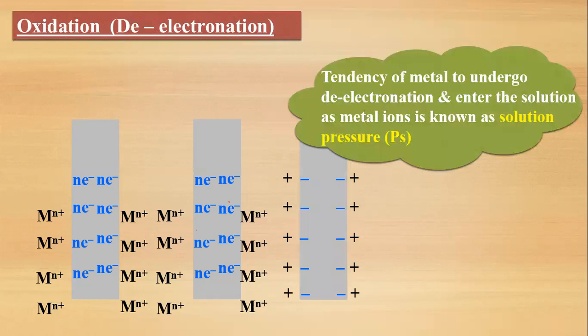Tendency of metal to undergo de-electronation and enter the solution as metal ion is known as what? Solution pressure. मेटल जो होता है वो क्या होता है? डी इलेक्ट्रोनेशन, अपना इलेक्ट्रॉन रिलीज करके सॉल्यूशन में इंटर करता है और इसी को बोलते हैं सॉल्यूशन प्रेशर, पीएस. नोट ऑन दिस पार्ट आल्सो.